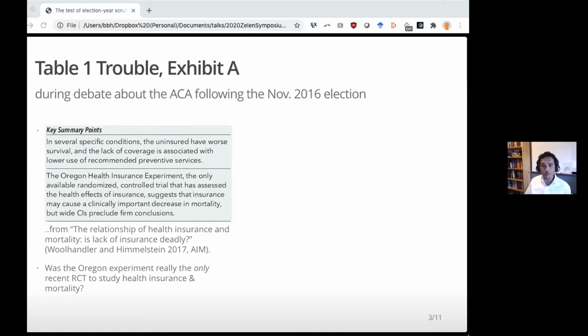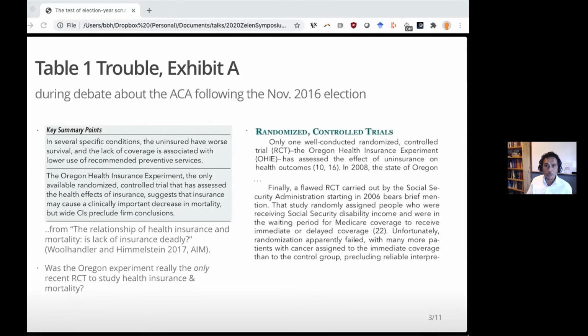But this wasn't the only experiment that had been published during this time period. There was one other experiment that had made its way into the literature, in addition to a number of quasi-experimental studies. Those quasi-experimental studies were on the whole bigger, and the lit review wanted to focus on those more than on this other experiment besides the Oregon health insurance experiment.